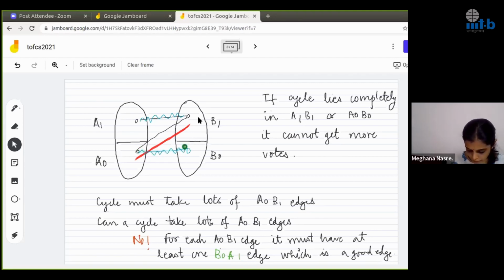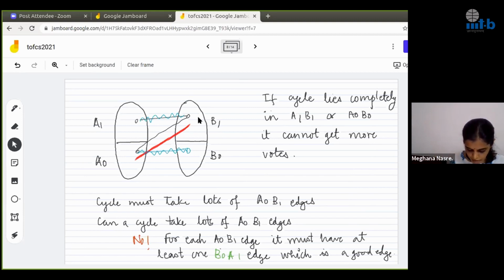Now, one way is I can go from B0 to A1, which is fine. But then if I take this, it is a green edge. That is, it is a good edge for us. So I have lost 2 votes along this edge. That is, my adversary has created a bad situation for me. But as soon as you want to create a further bad situation for me, you must first correct the bad situation. That is, you must first get a good edge and then go towards a bad situation again.